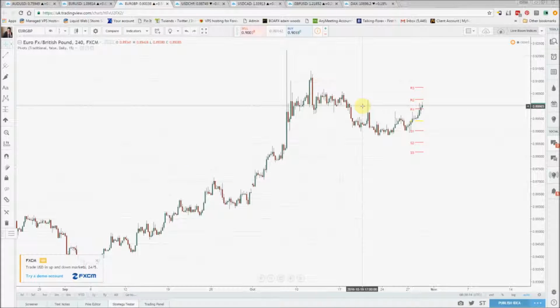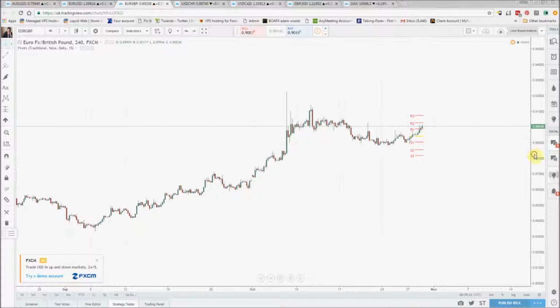Now, the euro pound at the moment is at 90 pence to the euro. So we're almost at parity with the euro at the moment, which I feel is a little bit unjust in terms of the UK economy. Although we've obviously voted to leave the European Union, the data coming out of the UK has in fact been fairly good, and it has outdone analysts' estimates for what was going to happen when we voted to leave the EU.